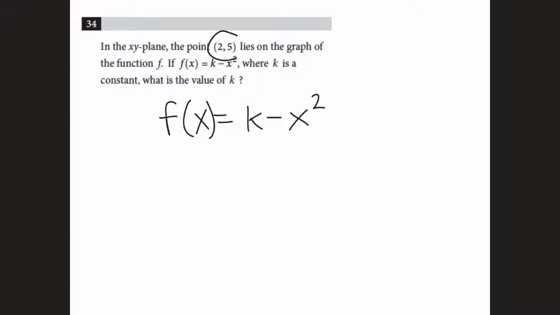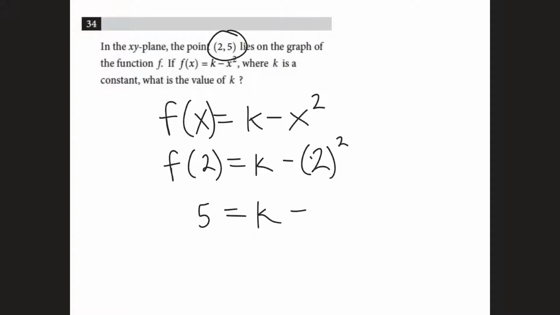The point (2, 5) is an input and an output. The input is 2, and the output, f of 2, equals 5. And 2 squared is 4. I'm going to add 4 to both sides. 9 equals k.